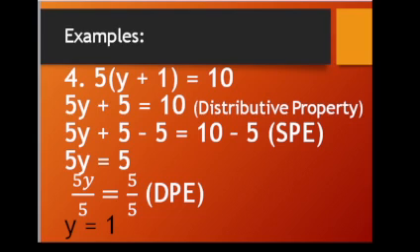So our solution is 1, or the value of y should be 1. If we substitute that into the given equation to check if our solution is correct, we have 5 times 1 plus 1 equals 10. And 1 plus 1 is 2, so 5 times 2 is 10. Therefore, our solution is correct.